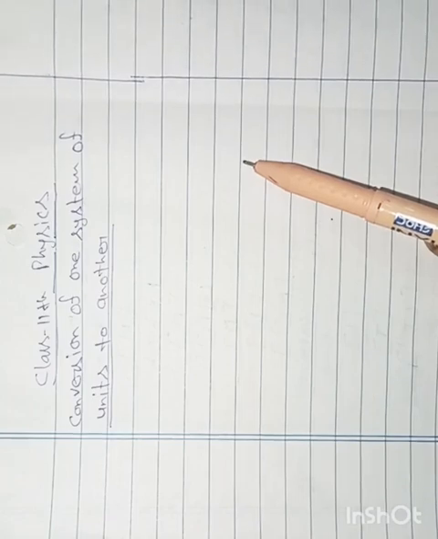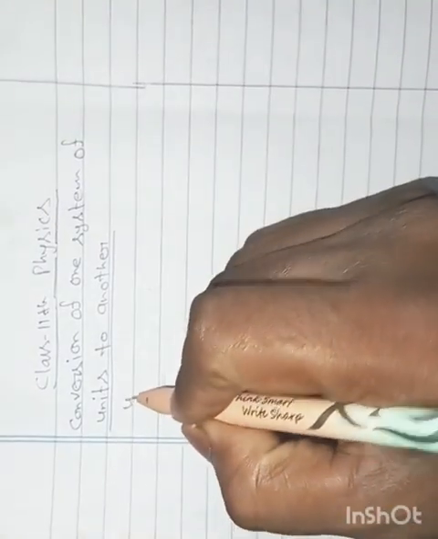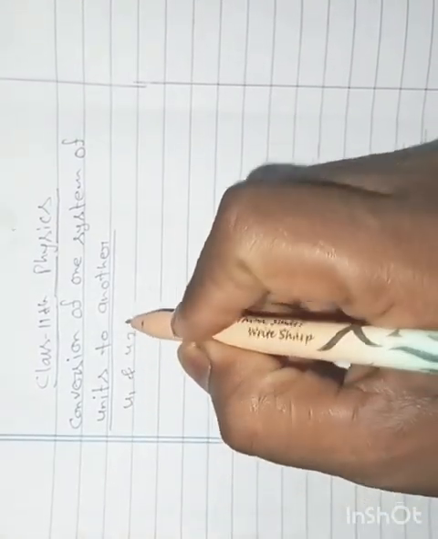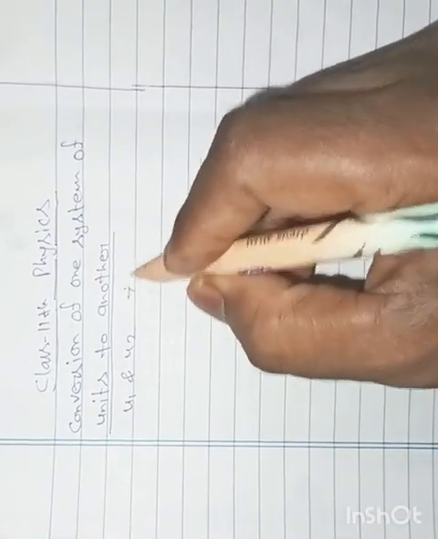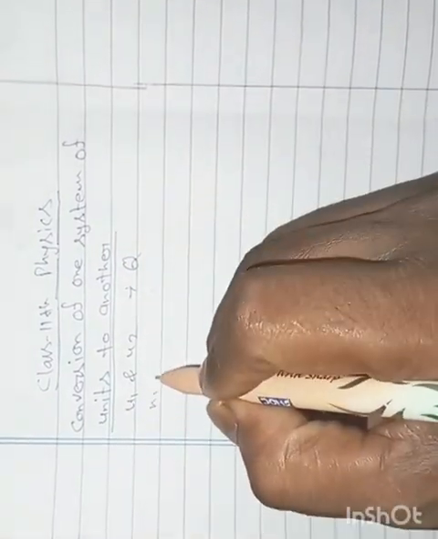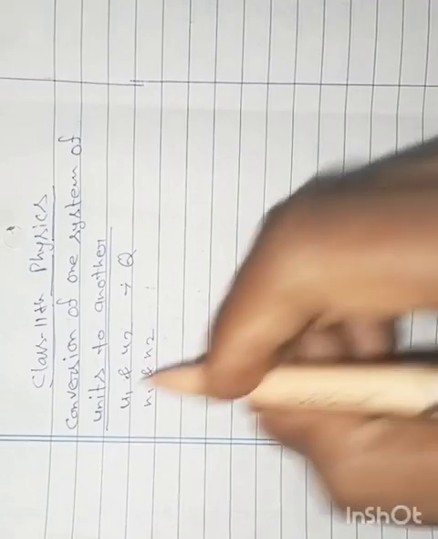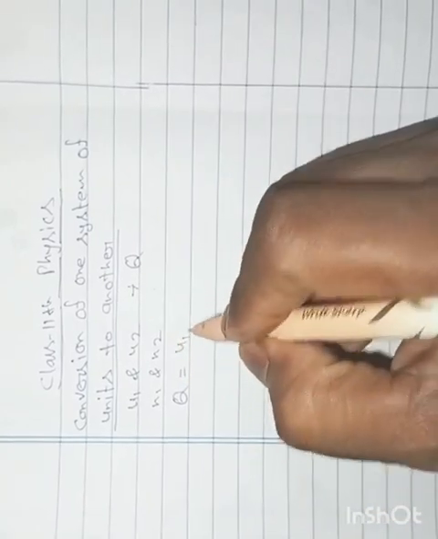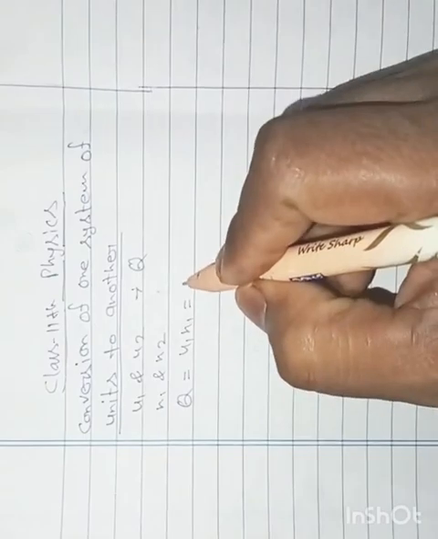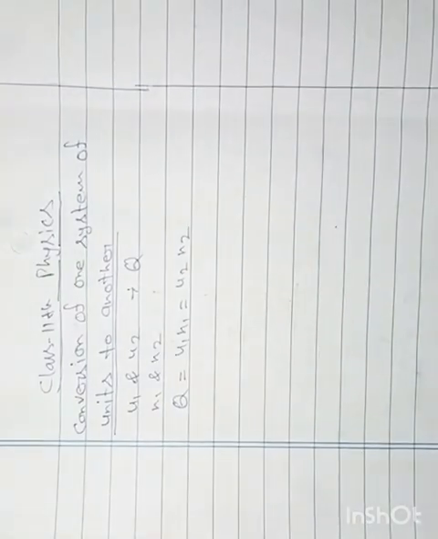suppose u1 and u2 are the units of measurement of physical quantity q, and n1 and n2 are the corresponding numerical values, then q will be equal to n1 u1 is equal to n2 u2.